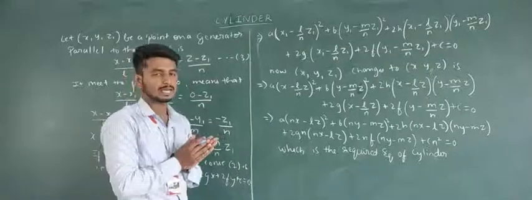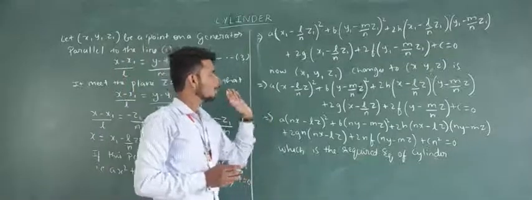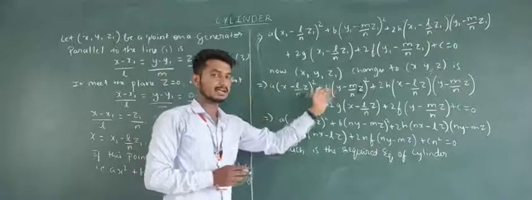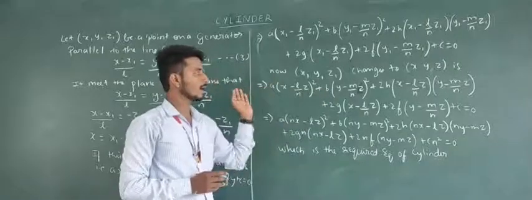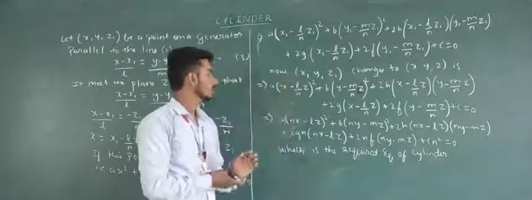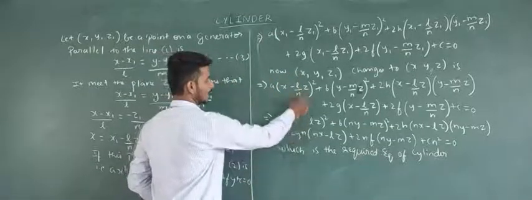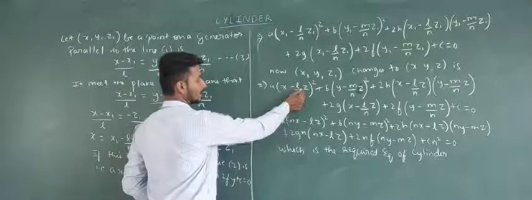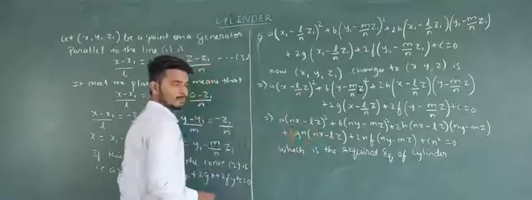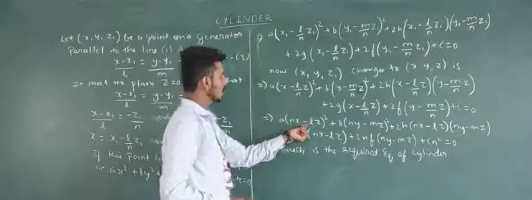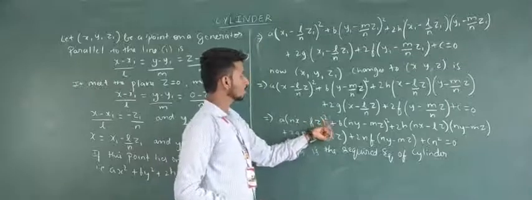So now we will multiply the whole equation by n on both sides. So that will be a into (nx minus lz) whole square, because if you multiply by n, the n gets cancelled and the remaining will be l.